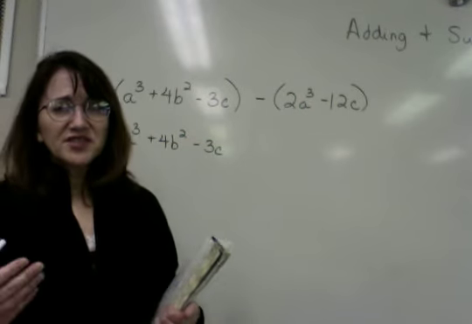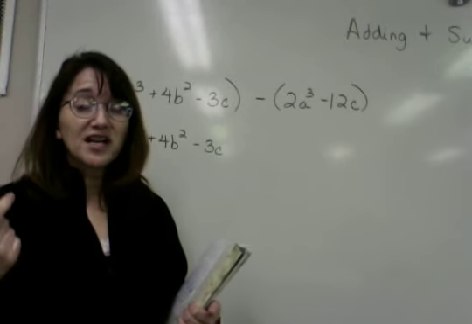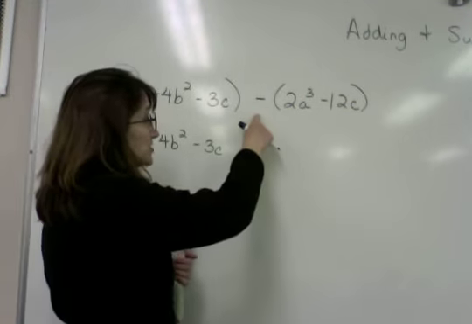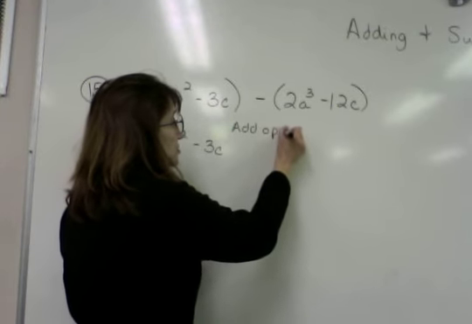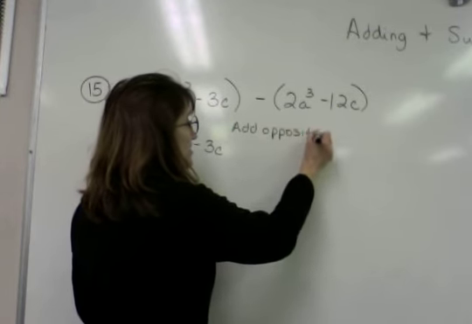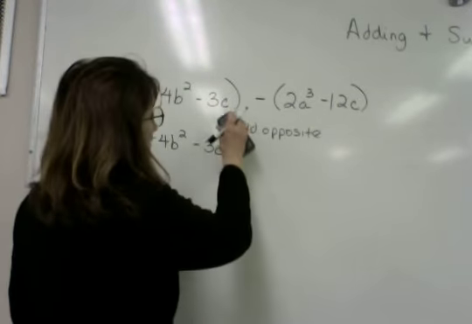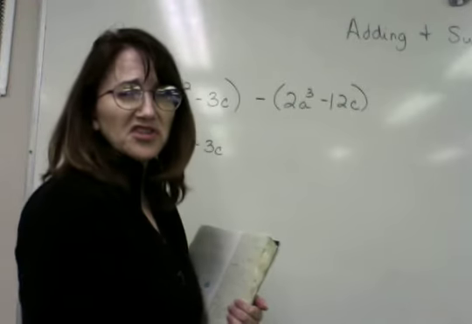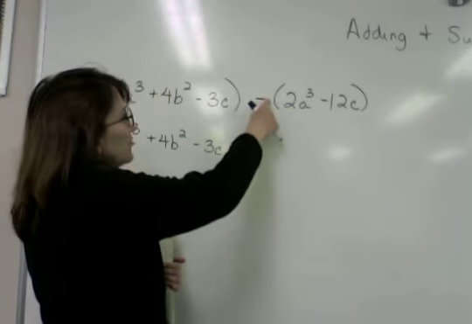Now think about this two ways. The one way that I could think about it is I want to not subtract, but add the opposite. Don't subtract, but add the opposite. The other way, which might be the easier way to think about it, is there's a little negative 1 right here.